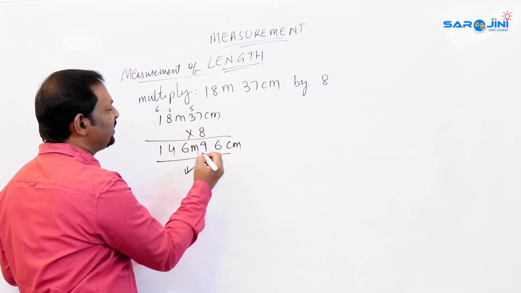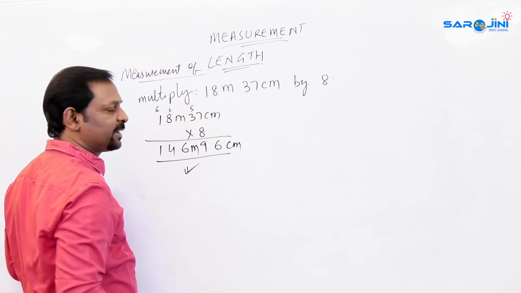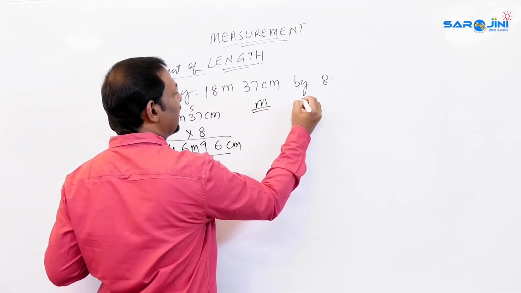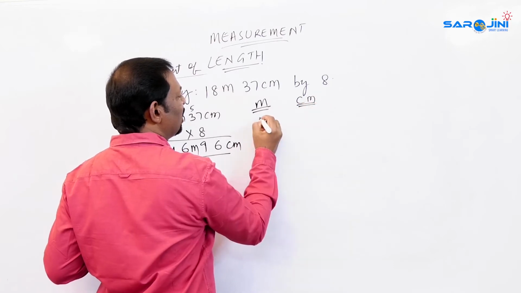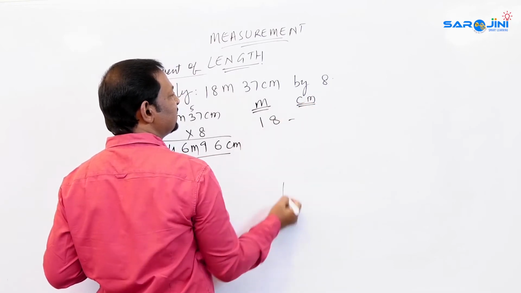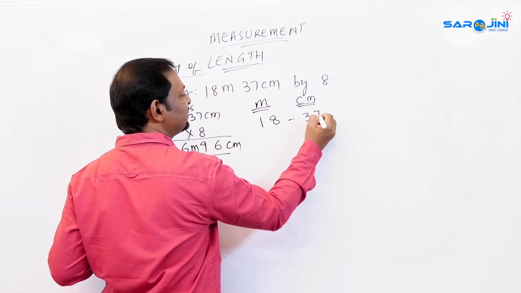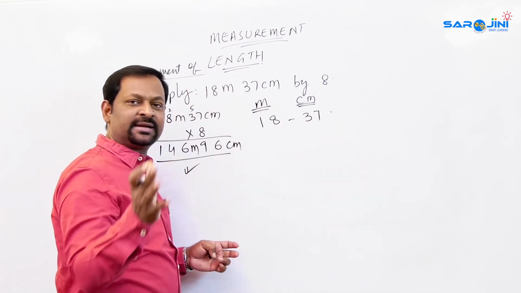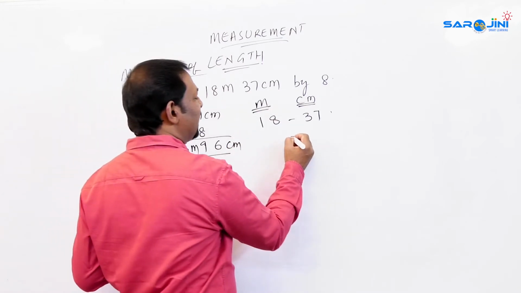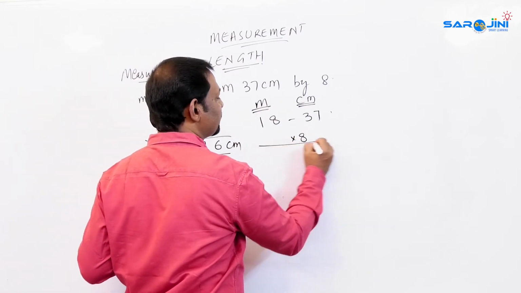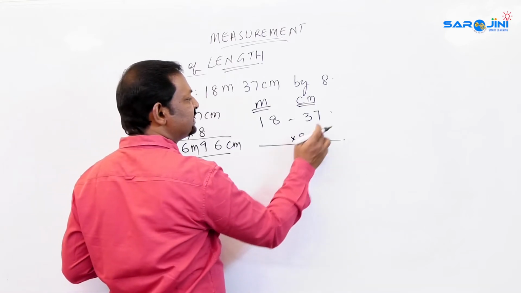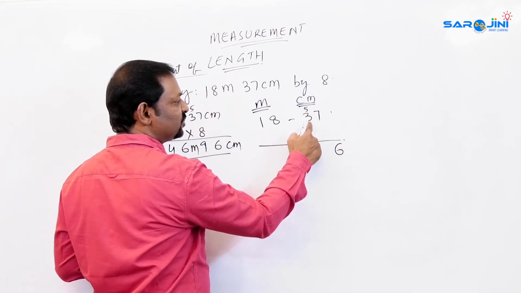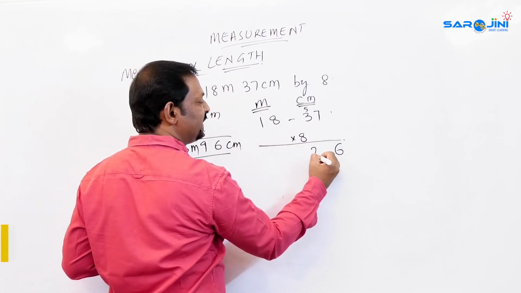A little bit you may get confused while doing this type of thing. So better, first write down meters and write down centimeters. How many meters were there? 18 meters. How many centimeters? 37 centimeters, right? So we are splitting meters and centimeters separately, and that is to be multiplied with 8. 8 sevens are 56, 8 threes are 24 plus 5 is 29.